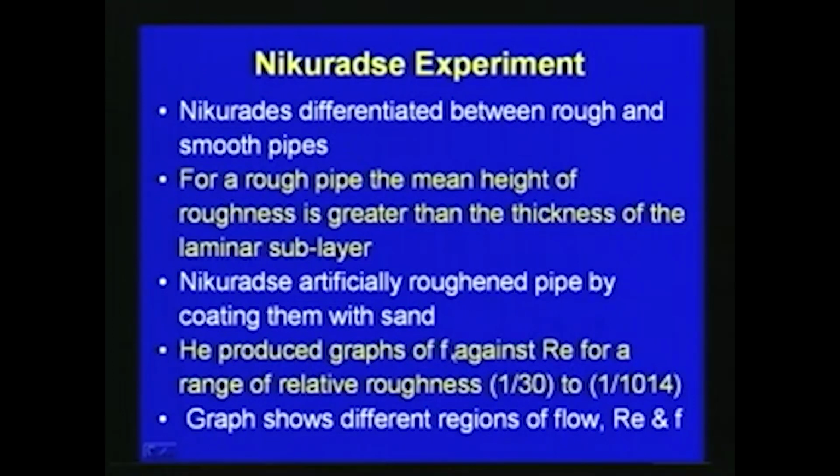So, in the laboratory he produced a number of sections of different kinds of pipes by sand coating, and then he produced graphs of the friction factor against the Reynolds number for a range of relative roughness, from 1 by 30 and 1 by 32 up to 1 by 1014. This graph shows the regions for various flows.